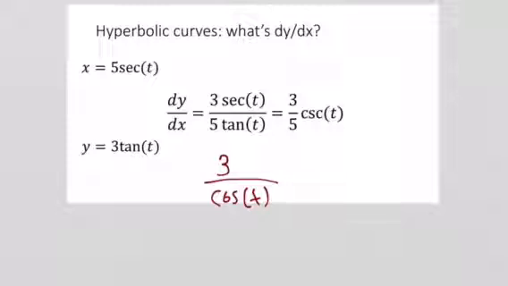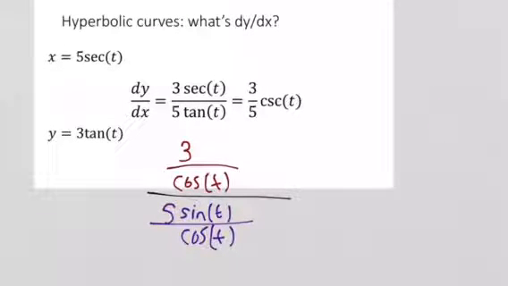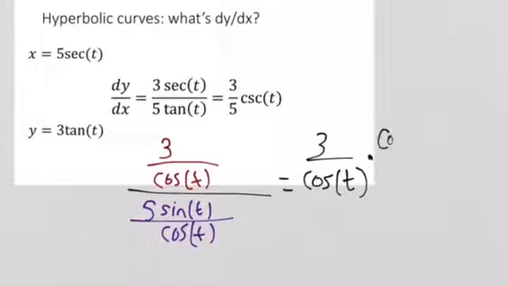And we're going to divide that by 5 sine over cosine, because tangent equals sine over cosine. So then, to divide fractions, I take the numerator, 3 over cosine t, and I multiply by the reciprocal of the denominator, which is going to be cosine t over 5 sine t.